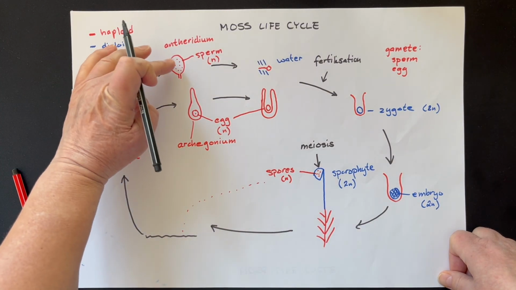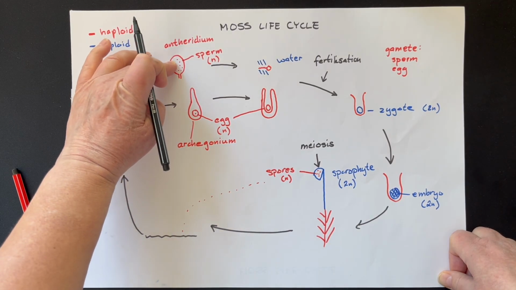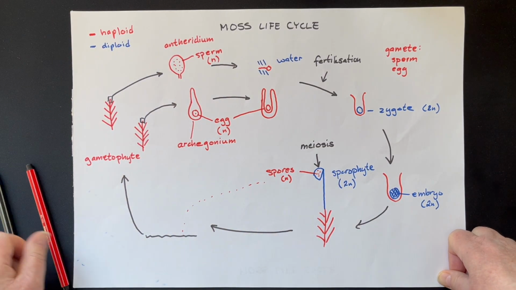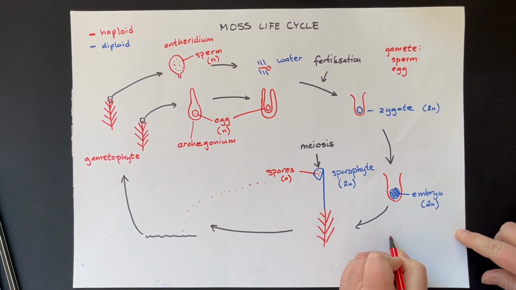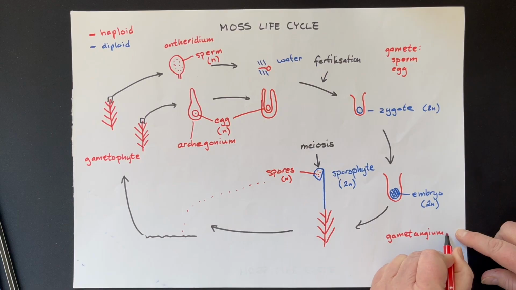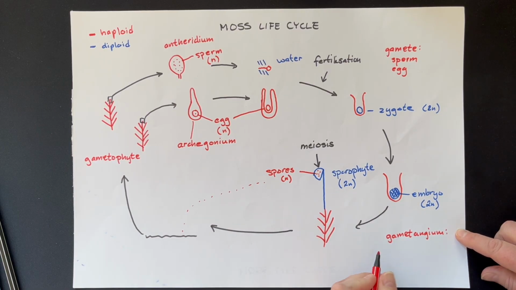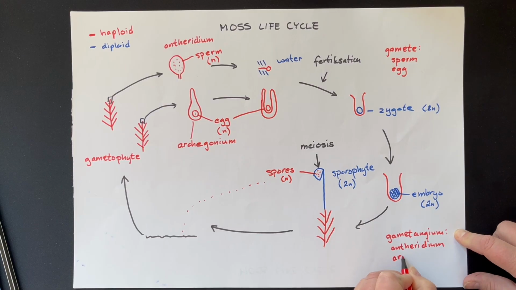I said that these structures are called archegonia and antheridia. If we want to use a common name for these two, they're called gametangia, one gametangium. So it's either an antheridium or an archegonium.